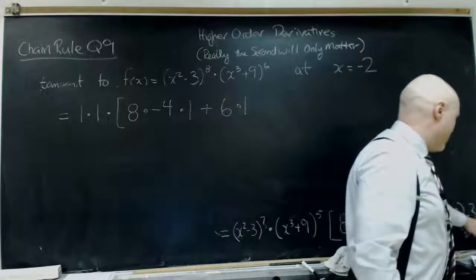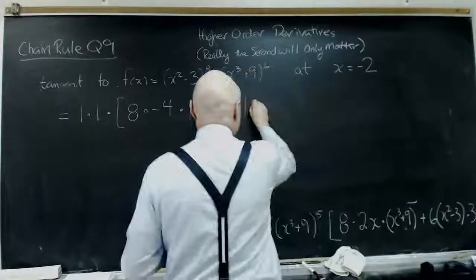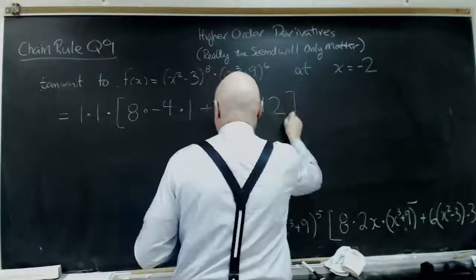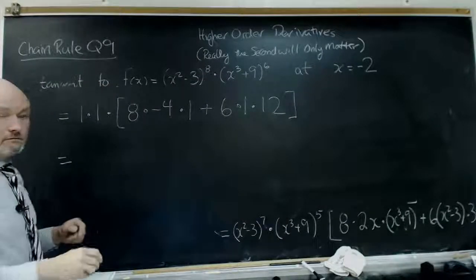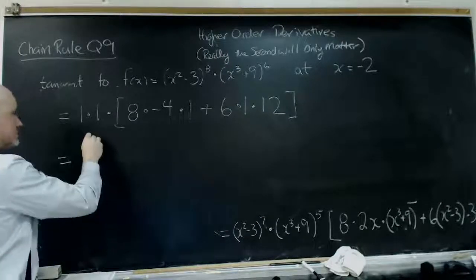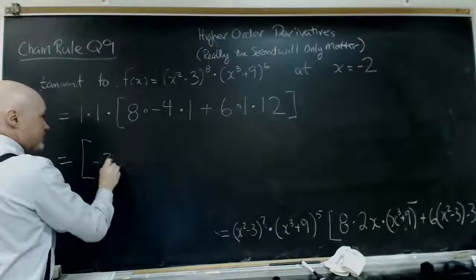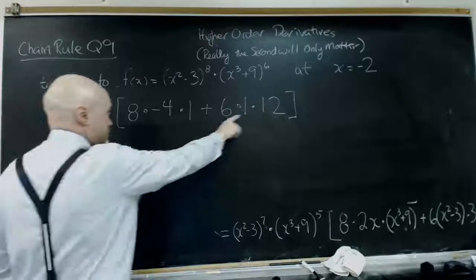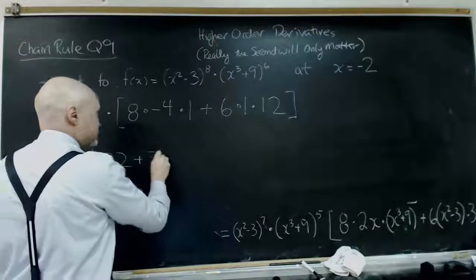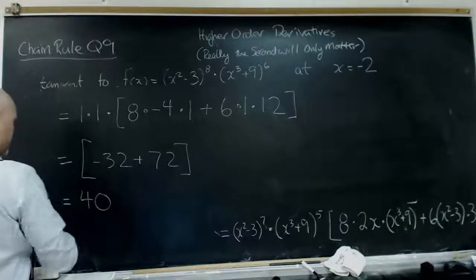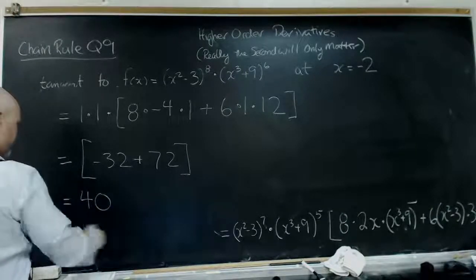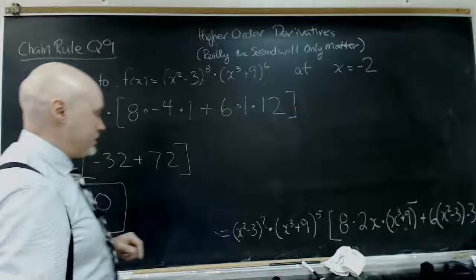And negative 2 for x becomes 12. 1 times 1 is 1. This is negative 32 plus 72. And so my slope is 40.